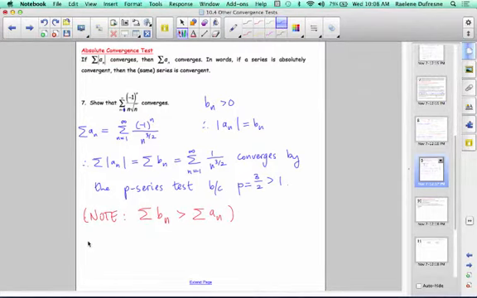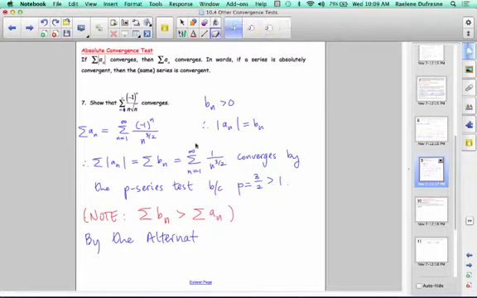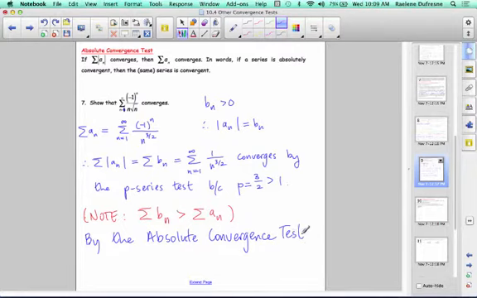And so we can conclude by the alternating series test, rather, by the absolute convergence test. I'm jumping ahead of myself. We know that, therefore, the series from n equals 1 to infinity of negative 1 to the exponent n divided by n root n also converges.